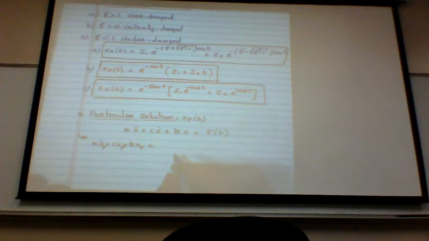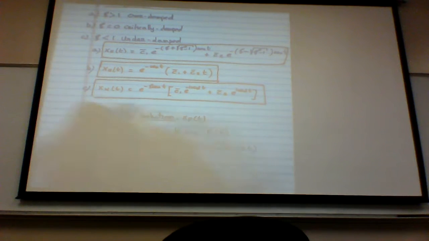What is f of t? Let's look at the first page. It was A naught cosine capital omega t plus B naught sine capital omega t.